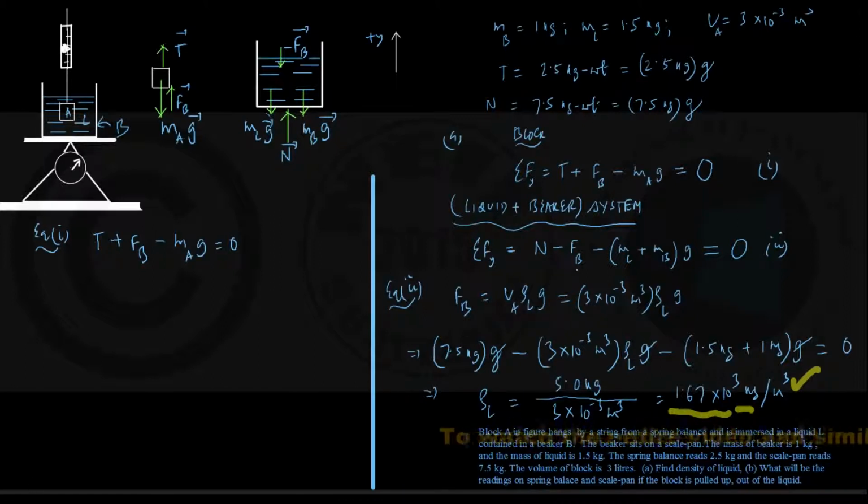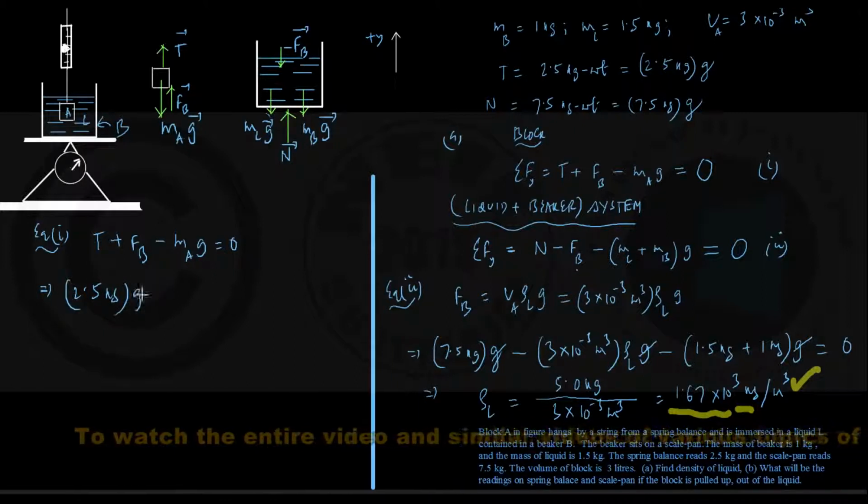So let's start writing. We have got here the value of T to be 2.5 kg into free fall acceleration g. And the magnitude of the buoyant force, that is V_A into rho_L into g, already has been explained.